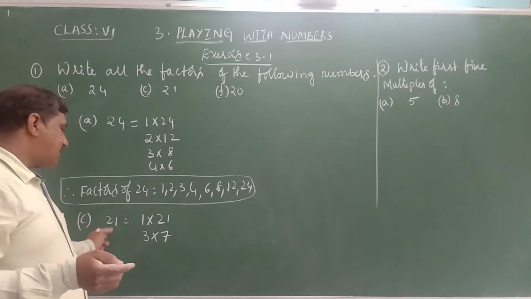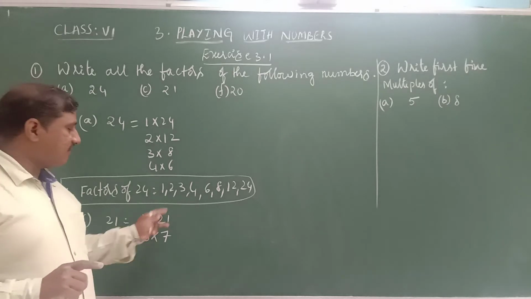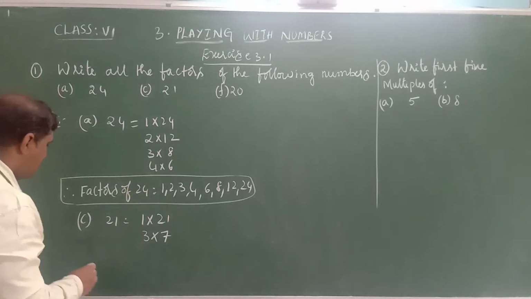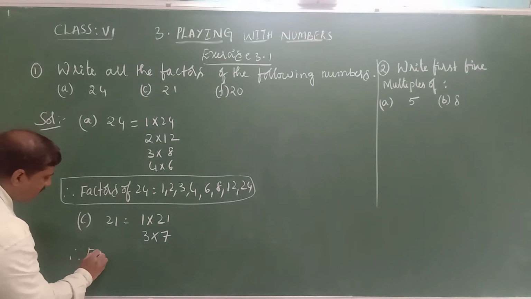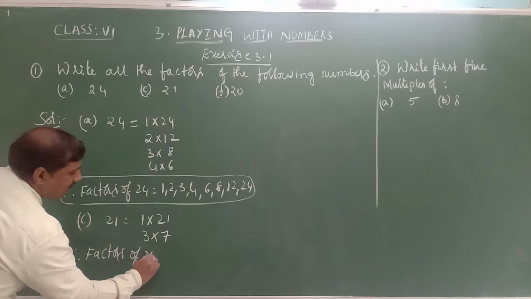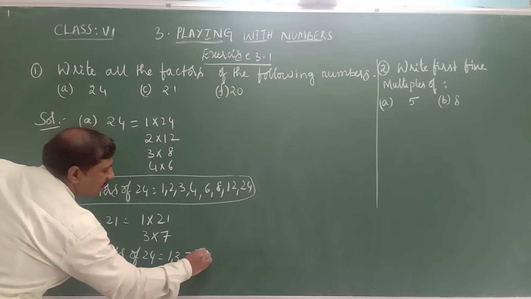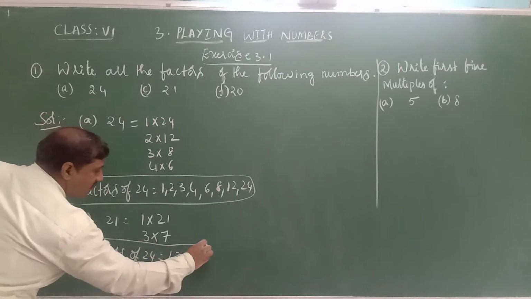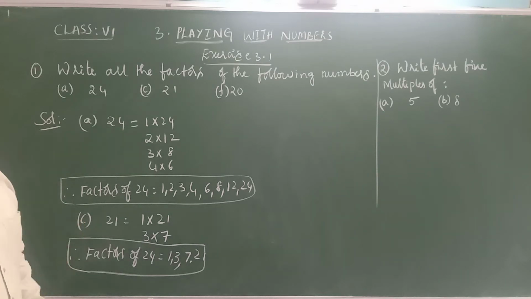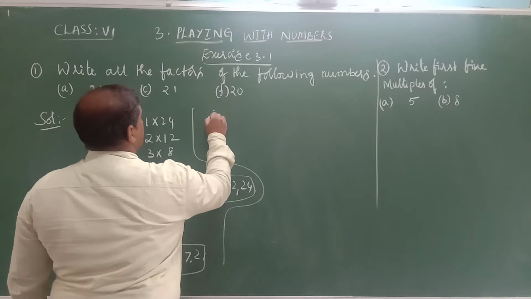With 6, 3 sixes are 18, 4 sixes are 24, so it is not divisible. With 7, 3 sevens are 21, so it is repeated. Therefore, the factors of 21 are 1, 3, 7 and 21.